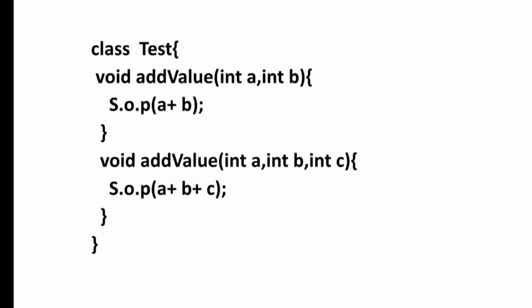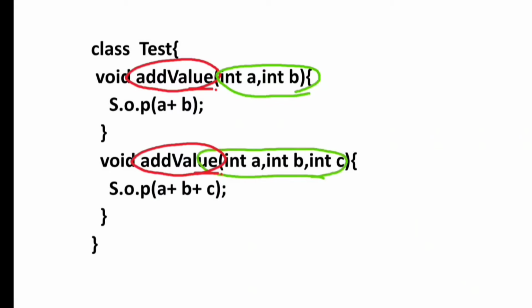Let's understand through it. Now see here, this is the example of method overloading that we have already discussed. Here there is a class Test, and there is one method, add value, that takes two parameters, and the job of this method is to perform addition of two integer values. And there is one more method, and the job of this method is to perform addition of three integer values. If we notice here, both the methods have the same name, right?